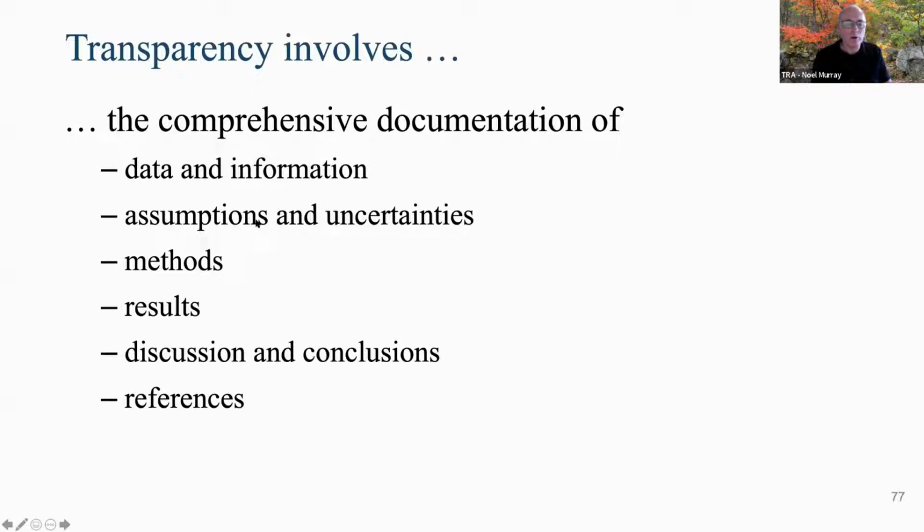But it's really important to document all your assumptions and to clearly explain the attendant uncertainties if and where they exist, and how they may influence the final outcome. The methods that are employed in the risk analysis, obviously the results, as well as the discussion and conclusions. And it's important that the analysis be supported by relevant references from the scientific literature.